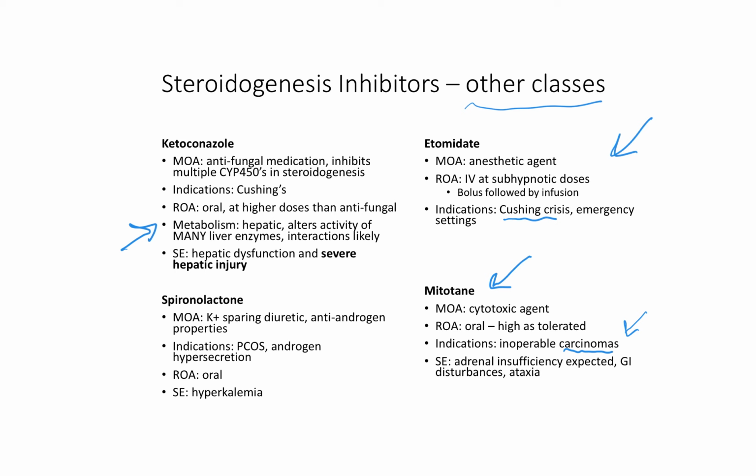It's a cytotoxic agent, so it kills individual cells. You give it orally, and the dose is pretty high, and the maximal dose that can be tolerated is really what you can maintain people on, because you want to kill as many of the cells as possible.